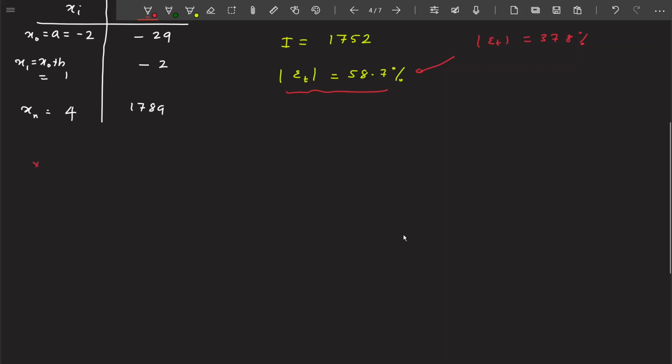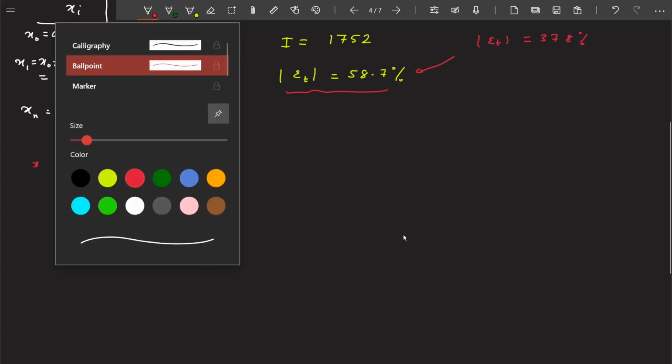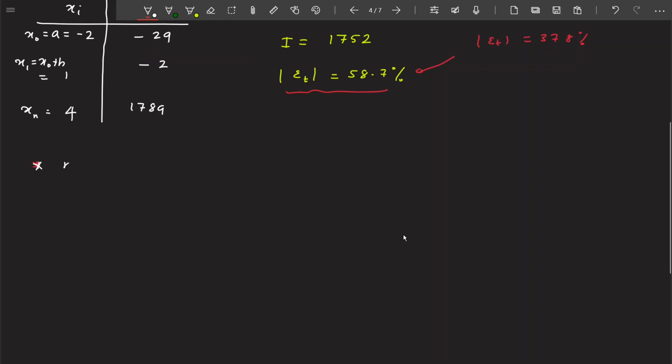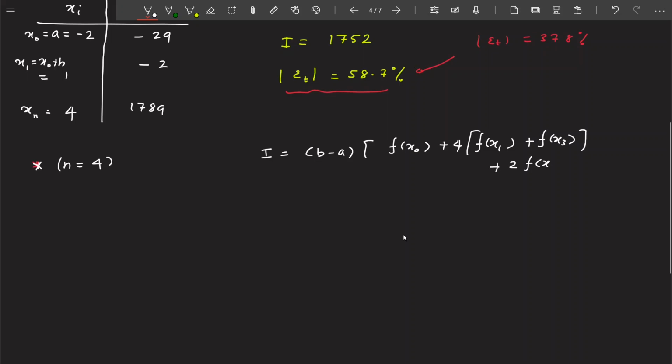Now let us apply Simpson 1/3 rule for n is equal to 4, and let us compare and see what happens. Okay. So again, when you take n is equal to 4, the formula for I becomes (b minus a) times f of x0 plus 4 of x1 plus f of x3 plus 2 of x2.